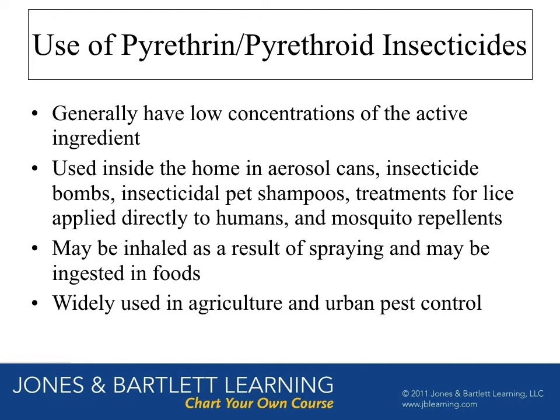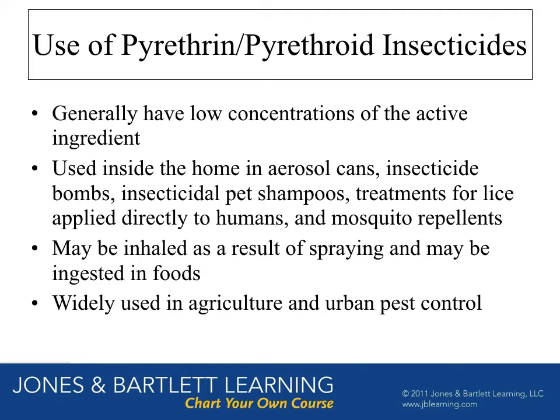And so these compounds are pretty potent, and so when you see formulations of them, they'll generally be a very low concentration of the active ingredient. For example, I was using something for treating horses the other day, and it's got a pyrethroid in it, and it's like less than 1% of the total formulation is the active ingredient, and so you don't need much of these to kill the bug.